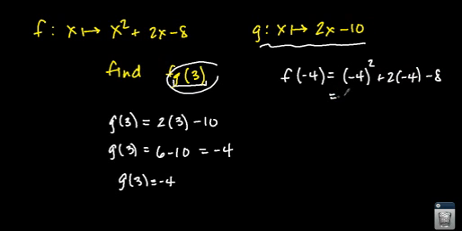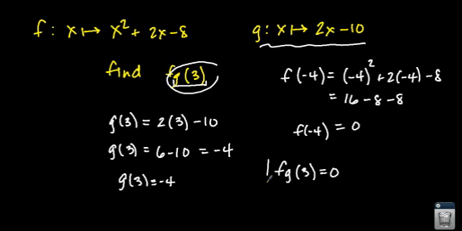So when I do this, I get 16 minus 8 minus 8, which equals 0. So f of negative 4 has a value of 0. When we write our final answer, we say f of g of 3 has an output of 0.